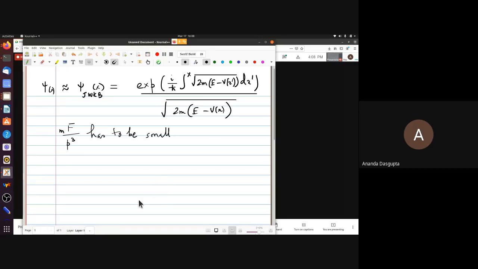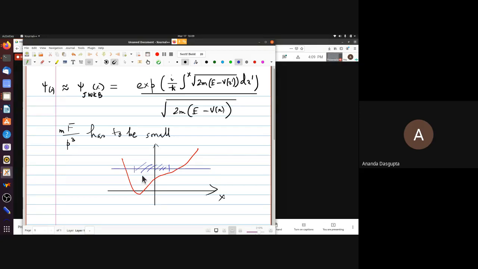So if you have a situation like this, so you have x and this is, let's say, I'm plotting the potential here, let's say the potential is in red, something like this, and let's say the total energy, the line in blue, is this one. Then in this region, WKB would work fine and tell you that you have a sinusoidal wave function.